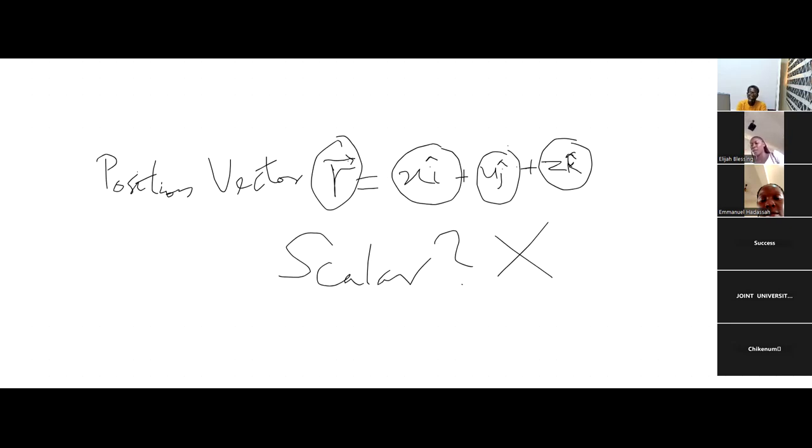Kinematics are concepts that describe the motion, without considering what I said.